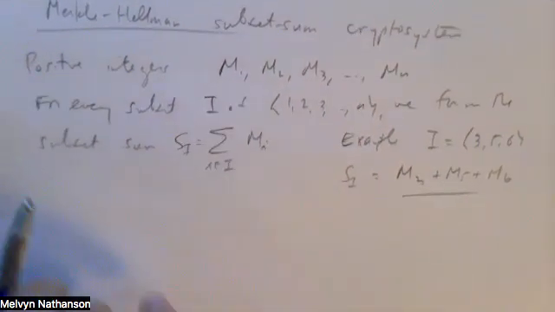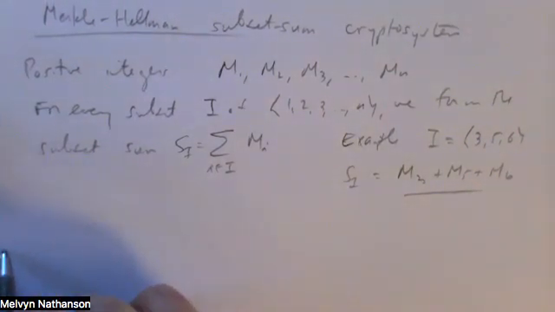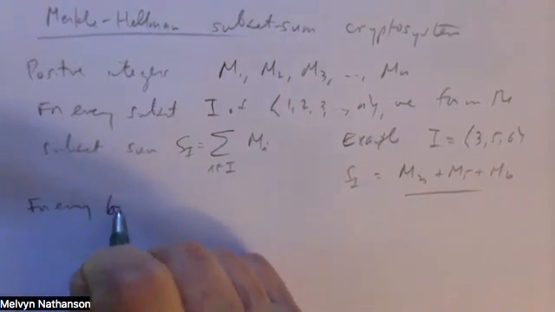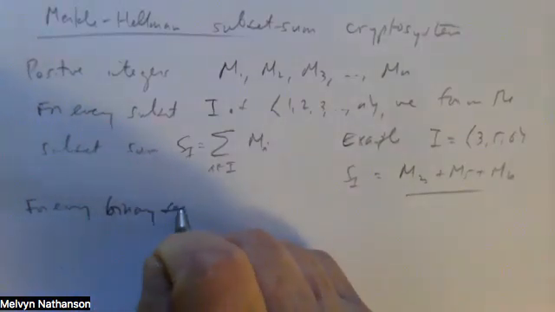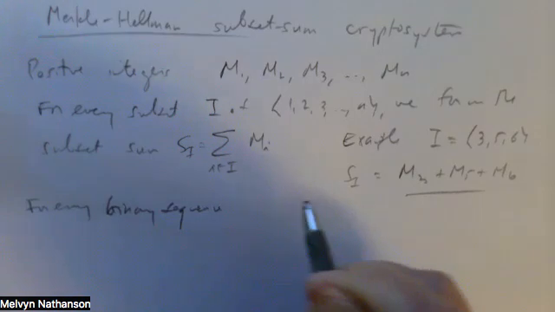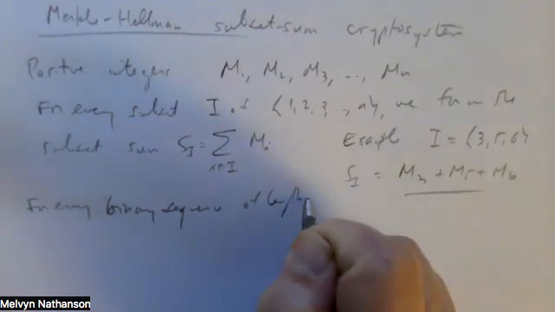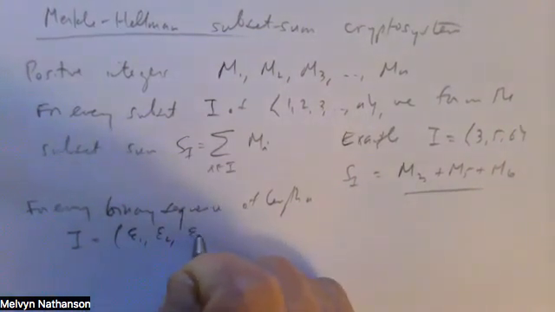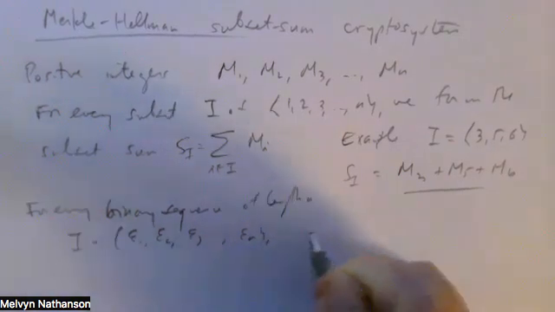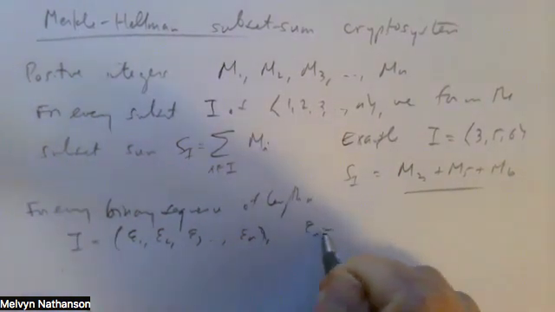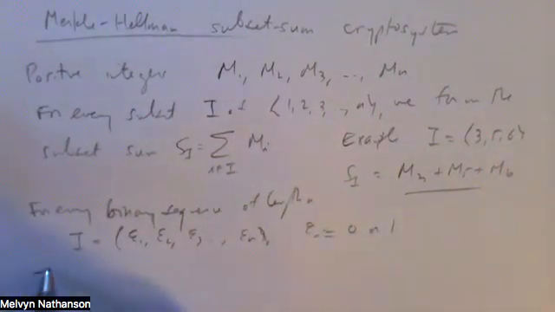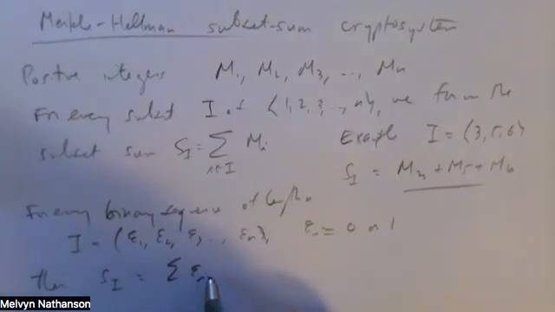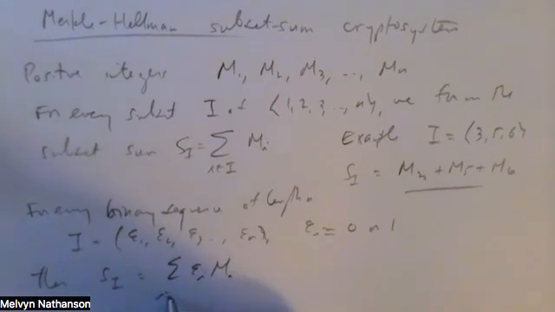An equivalent way of doing this is to say, for every binary sequence of length n, so I is a binary sequence, say epsilon 1, epsilon 2, epsilon 3 up to epsilon n, where each epsilon i is 0 or 1, then we have the subset sum, which is summation epsilon i m i, i going from 1 up to n.